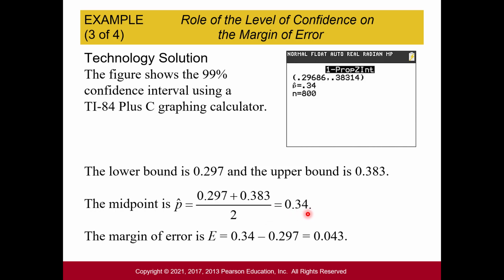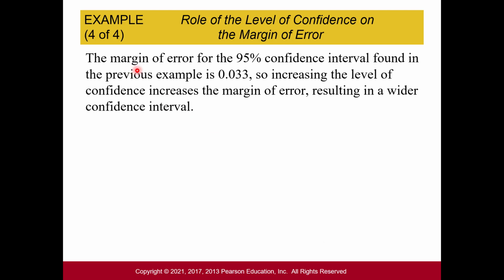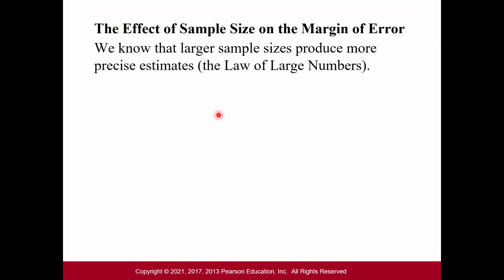And then our margin of error is just our p hat value minus our lower bound, or you can say your upper bound minus your p hat value. And so the margin of error for 95% confidence, we found it to be 0.033. So increasing the level of confidence increases the margin of error, resulting in a wider confidence interval.